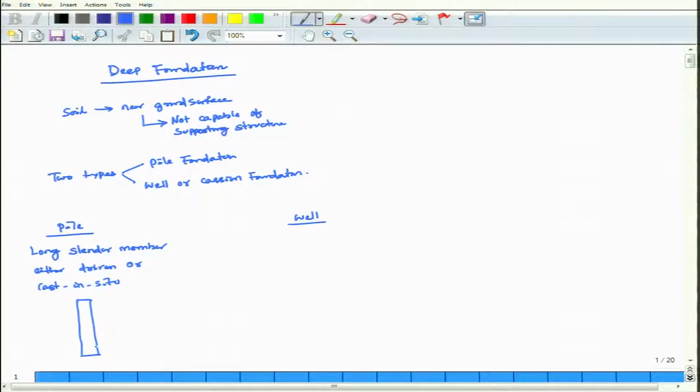Either it has to be driven by means of a hammer, or cast in situ: take a borehole, cast in the ground and put it. In details we will go.